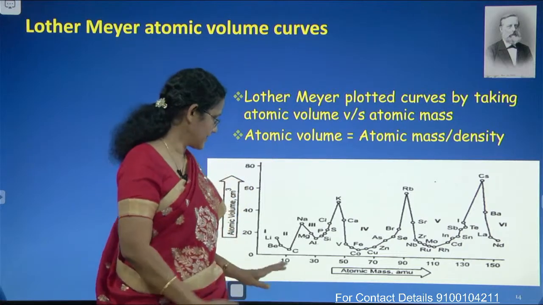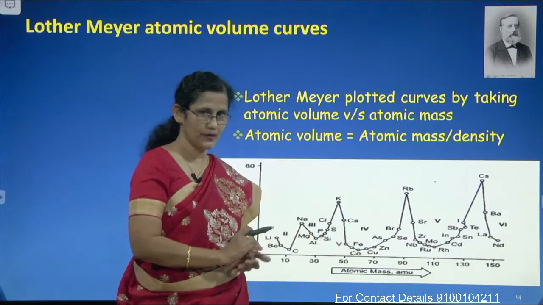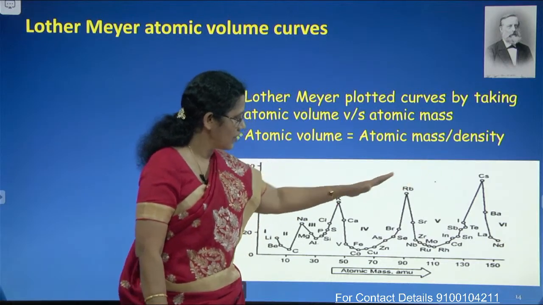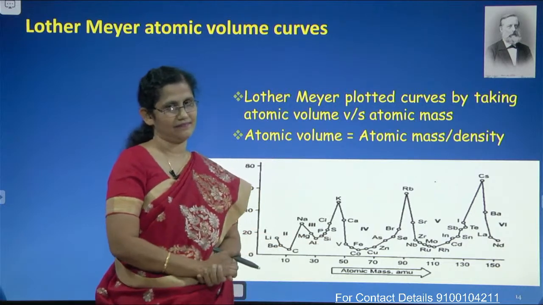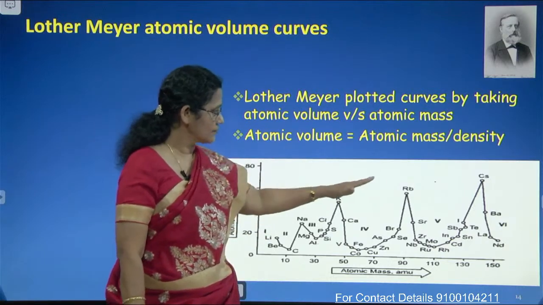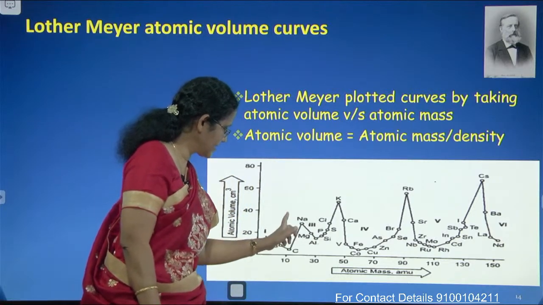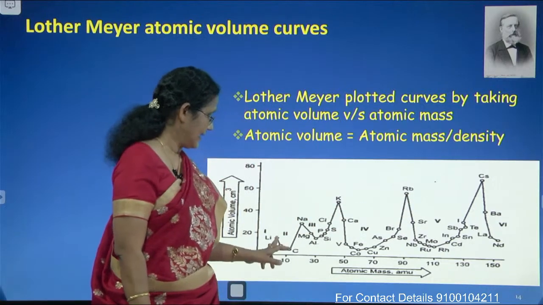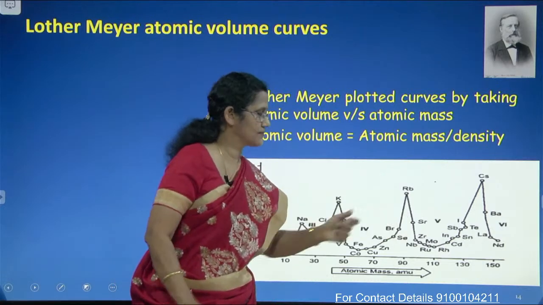For example, if you plot atomic volume versus atomic mass, see here lithium, sodium, potassium, rubidium, cesium: all peaks are occupied by alkali metals. Now see the descending portion of the curves, occupied by alkaline earth metals: beryllium, magnesium, calcium, strontium.